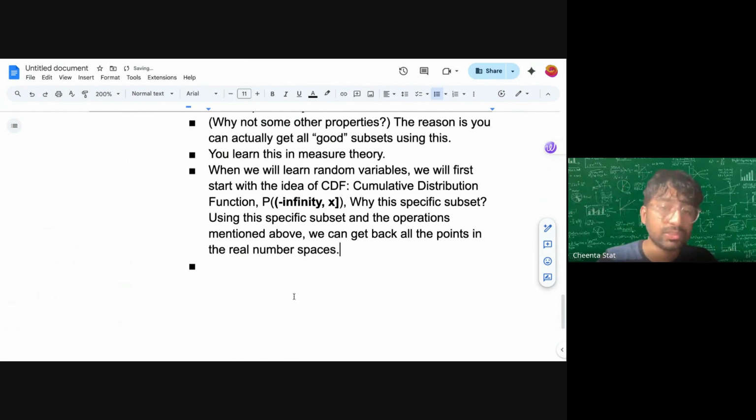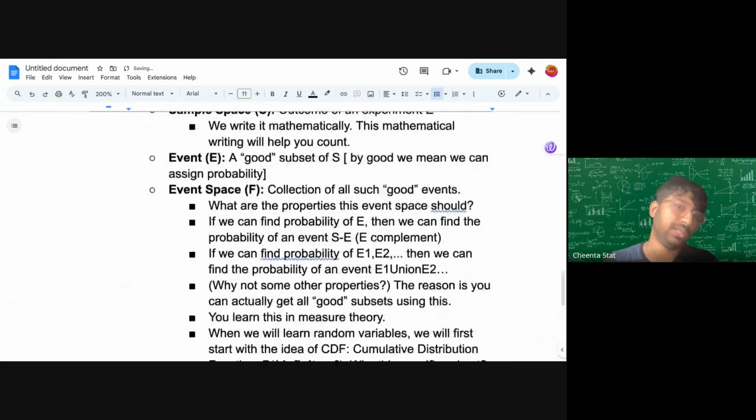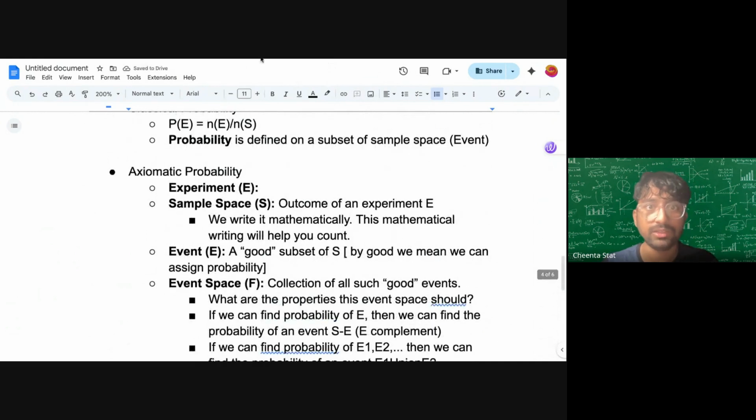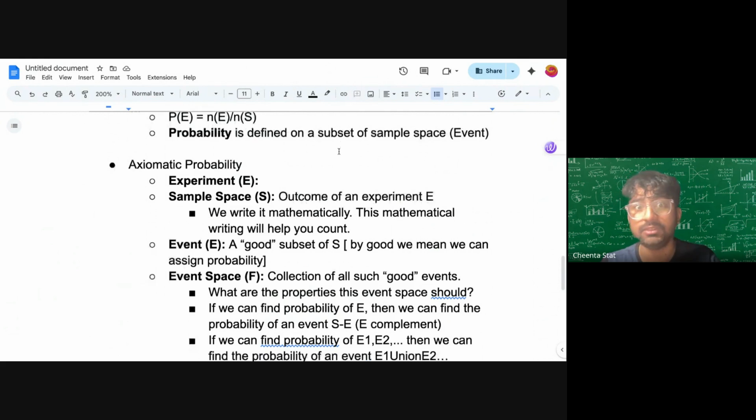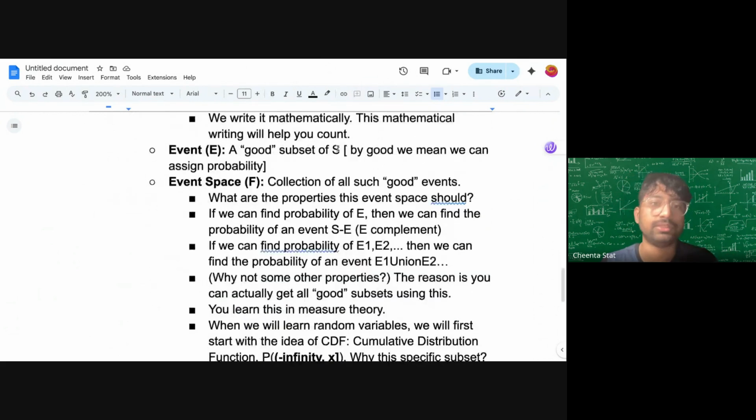In measure theory these are called atoms of that set. Using all those set theoretic operations, you can get back the fundamental parts. So these are very important, guys. I'm just telling you as a story, but I personally believe doing this exercise was life changing for me when I tried to understand it this way.